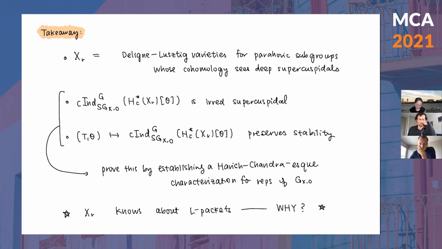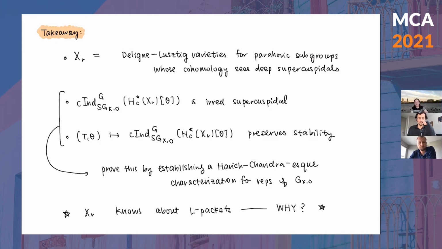And the important thing here is that for whatever reason, even though our algebraic construction missed the mark by this extra twisting, by this Debacker-Spice twist of plus minus ones, this XR knew about L-packets. It was inherent to XR that it should behave well with respect to the properties that we want L-packets to have.